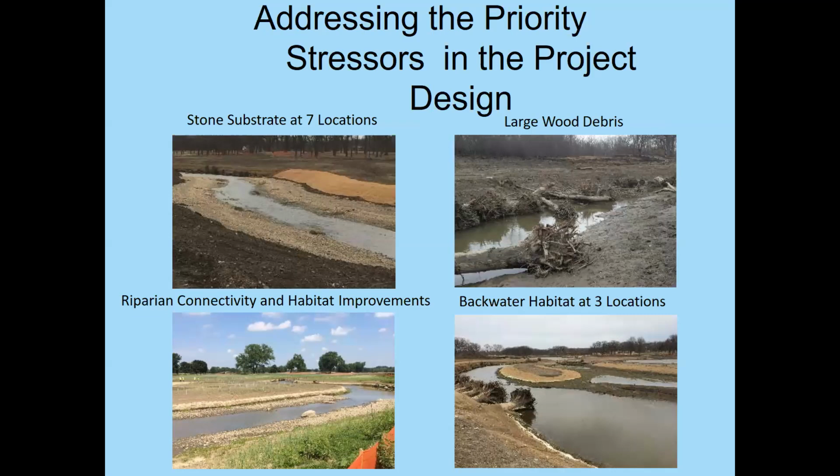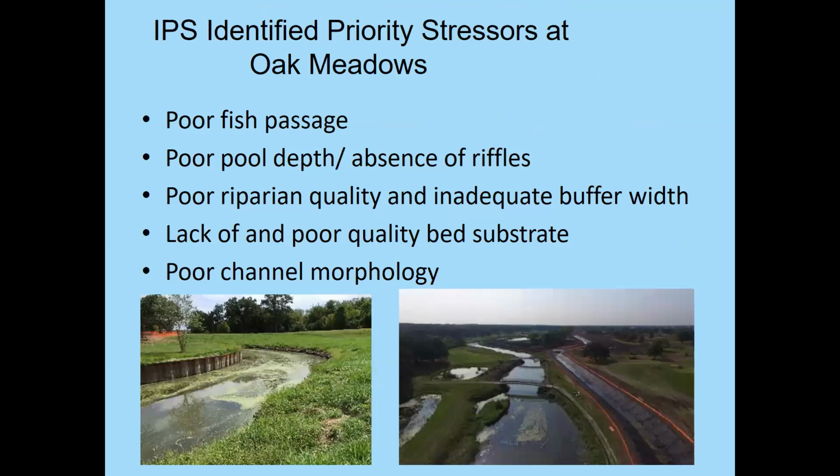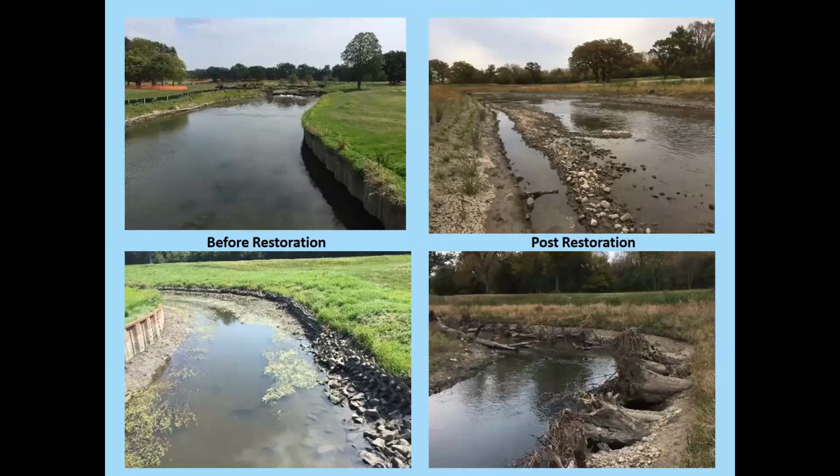So we brought those QHEI components to the design of the Oak Meadows location. This is just a summary of the shortcomings at the site, and we designed the site to overcome those shortcomings.